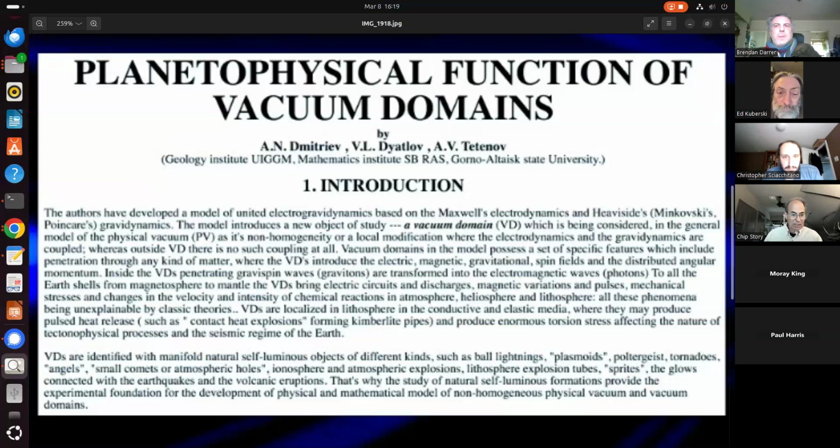Vacuum domains are localized in the lithosphere, in the conductive and elastic media, where they may produce pulsed heat release, such as contact heat explosions, forming kimberlite pipes, diamond pipes, and produce enormous torsion stress affecting the nature of tectonophysical processes in the seismic regime of the Earth.